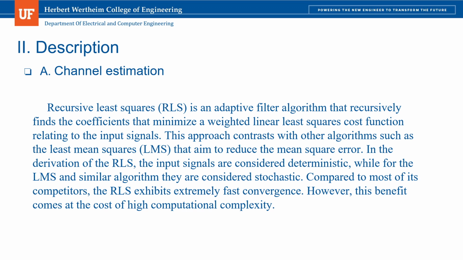In the derivation of the RLS, the input signals are considered deterministic, where for the LMS and similar algorithms they are considered stochastic. Compared to most of its competitors, the RLS exhibits extremely fast convergence. However, this benefit comes at the cost of high computational complexity.